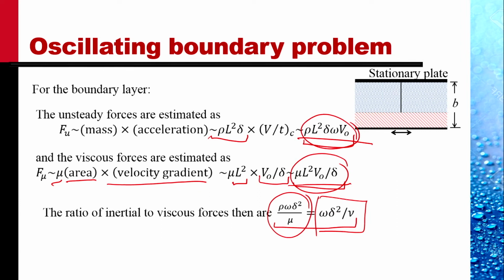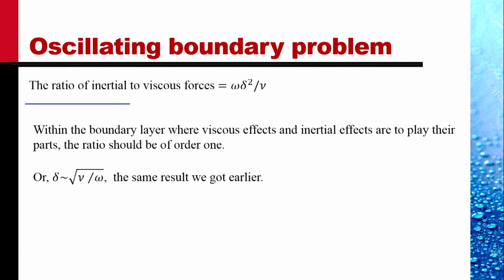And as I said, these two forces must be of the same order. So this should be of order 1. And that gives us delta should be of the order of under root nu by omega. The same result that we got earlier.